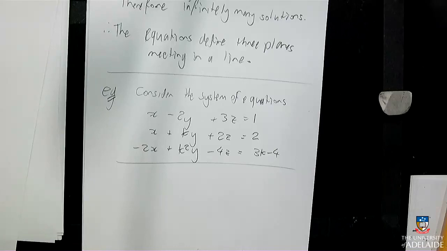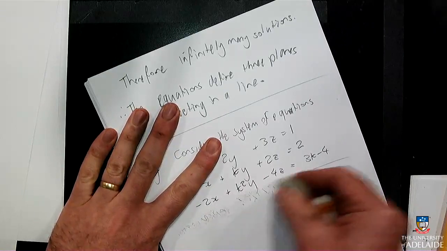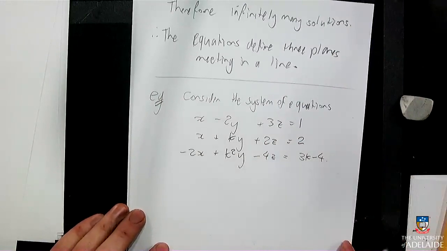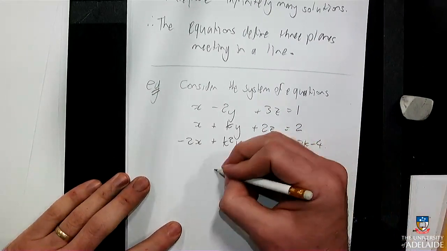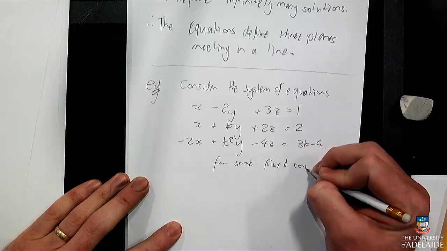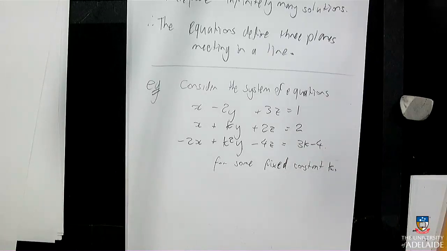Okay, so consider some fixed constant k. What we're going to do is find the values of k that make the system have no solutions, infinitely many solutions, or a unique solution.